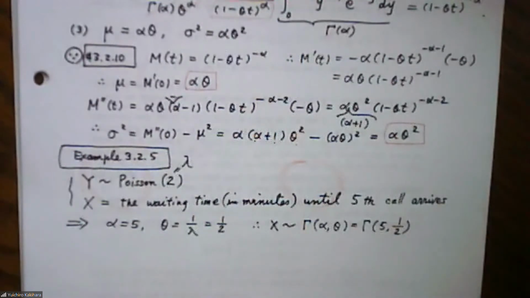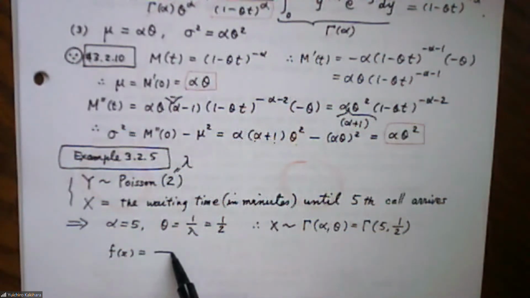This is a gamma distribution. Then what is the density function? Can you figure out the density function?